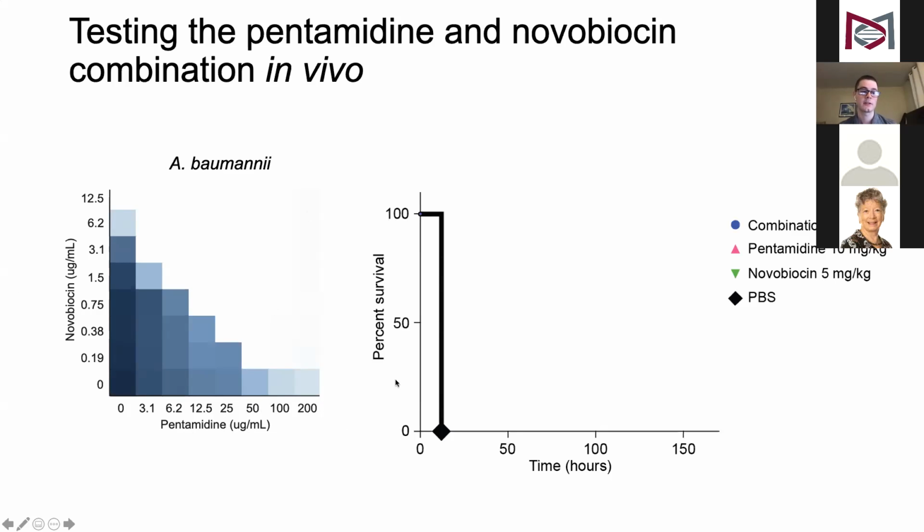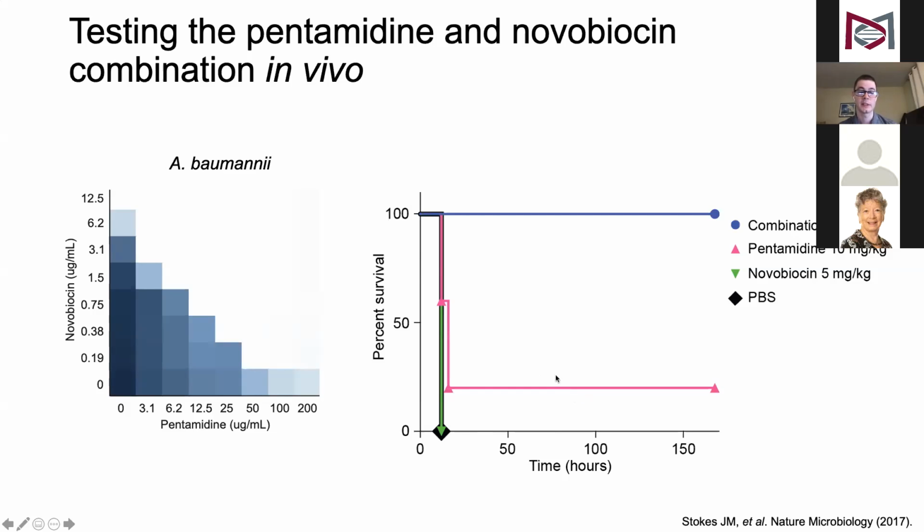So our in vivo model is an Acinetobacter systemic infection in which animals reach endpoint in under 24 hours. We treated animals with either novobiocin alone or pentamidine alone. And what we found is that novobiocin at this concentration was insufficient to have any impact on survival. Pentamidine at the concentration used rescued 1 out of 10 animals, so about 10%.